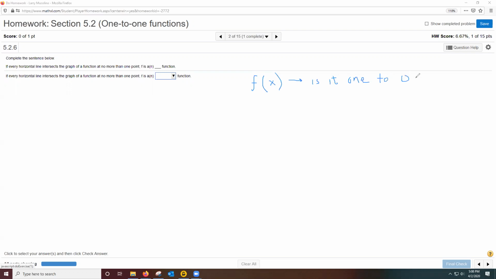Well, to answer this question, we can use something called a horizontal line test. And what a horizontal line test does is it answers the question about the function being one-to-one. Let me give you a couple of examples here. Let me draw a graph. Let me draw 2 graphs.